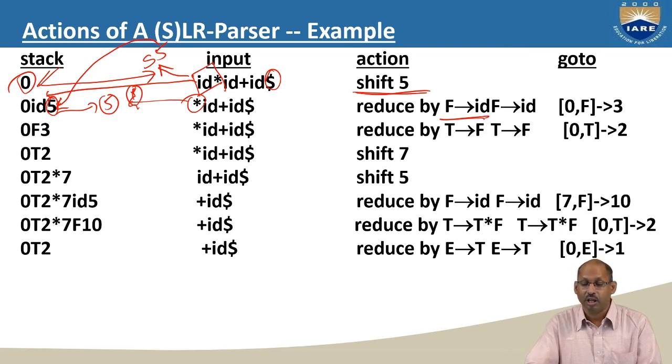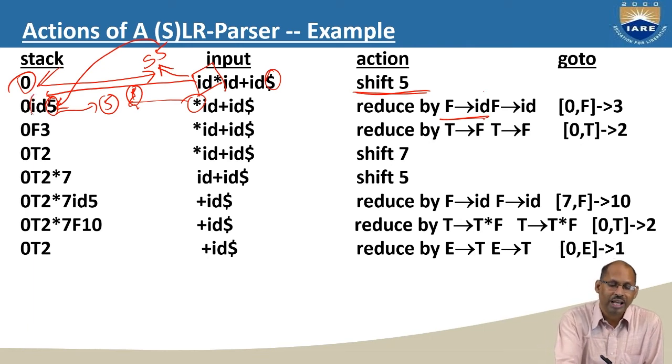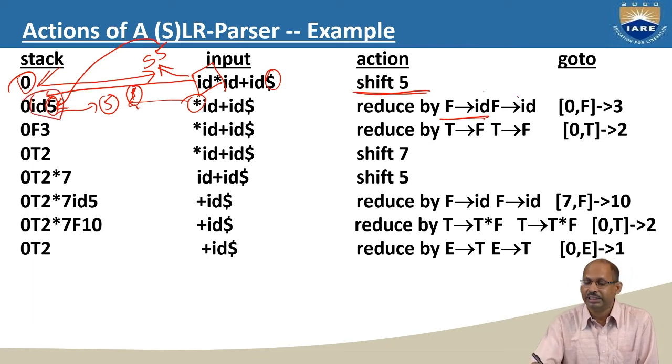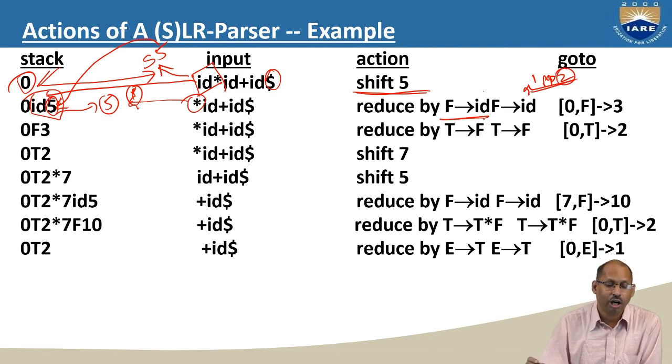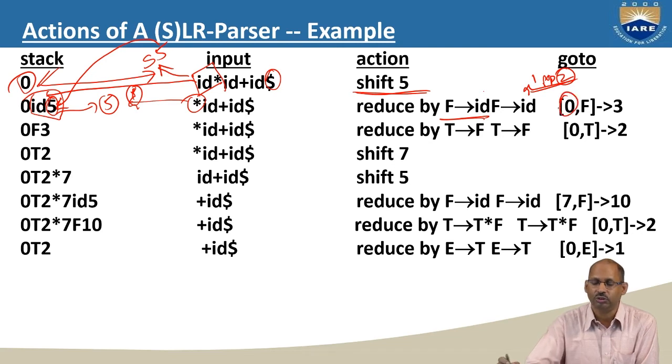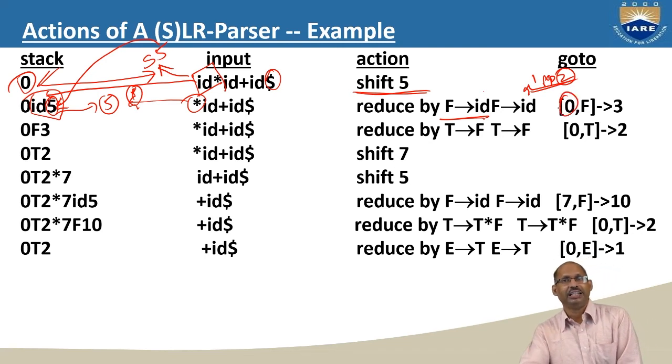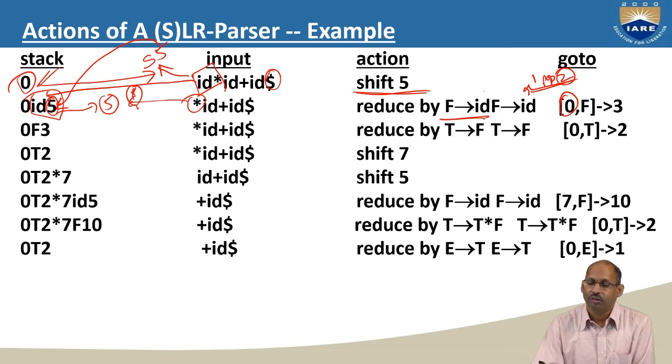Then, how many elements are on the right side of the production? 1 element. So, pop 2 elements. Since it is 1 element, pop 2 elements. Then, after popping 2 elements, what is the top of the stack? It is 0. The top of the stack is 0. Then, what is the non-terminal here? F.